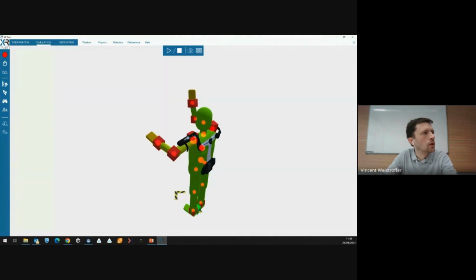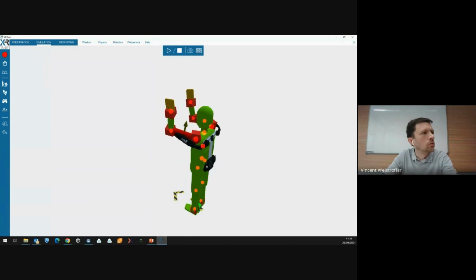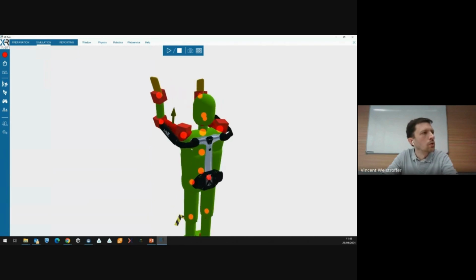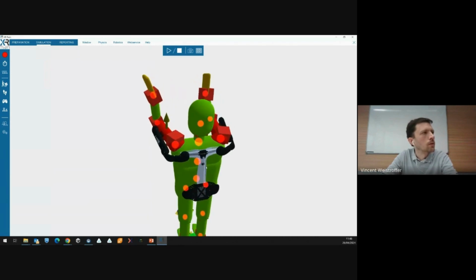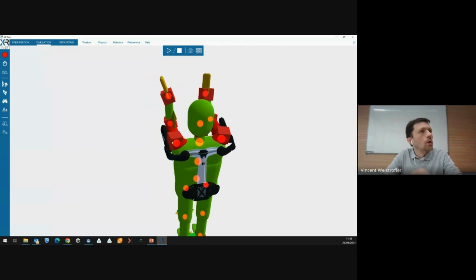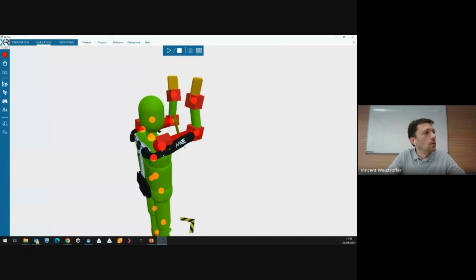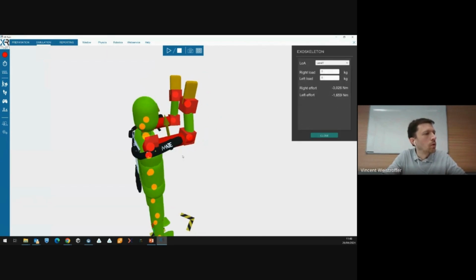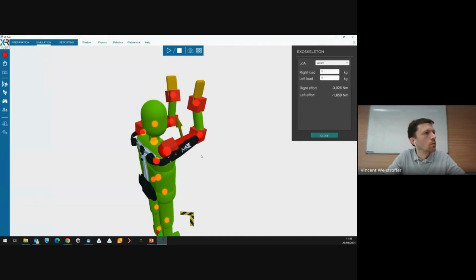So as you see, as I move the virtual mannequin in space, the exoskeleton is also moving to match the current posture, okay? Based on the current posture, I'm able to compute the actual force that is applied to the virtual arm here.